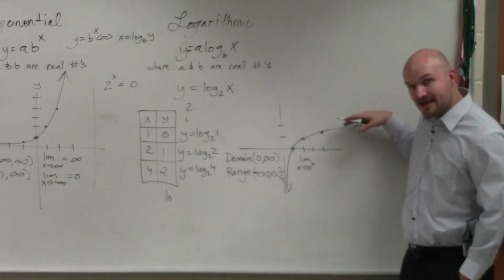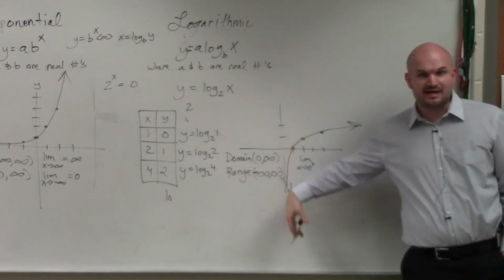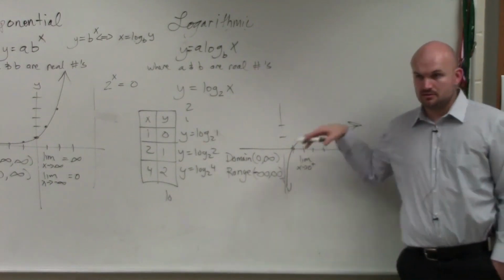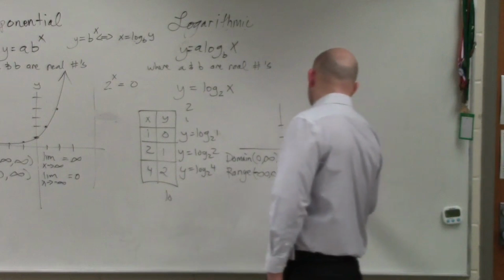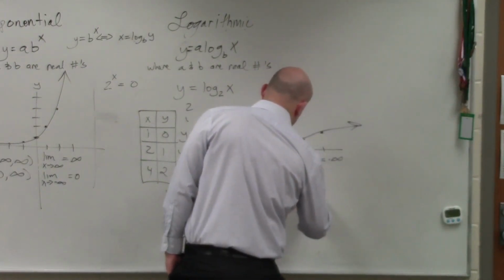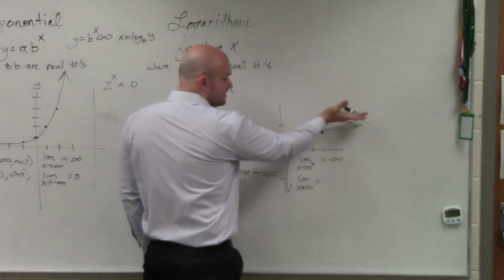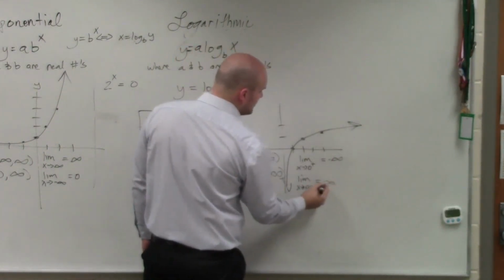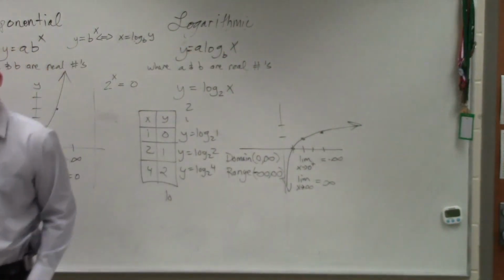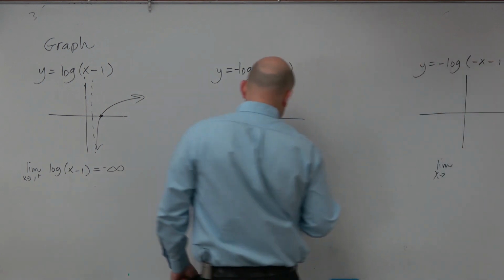You can see as x is approaching 0 from the positive, we're going down to negative infinity. And the limit as x approaches infinity, as we're going to the right, this graph is increasing, going to positive infinity. So again, going into limits here, we've got to look at what transformations are happening.